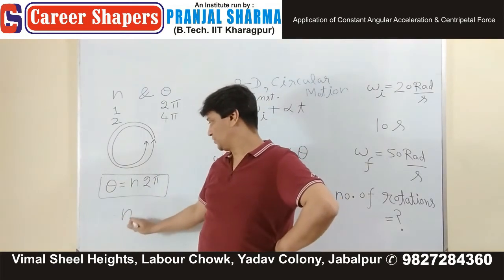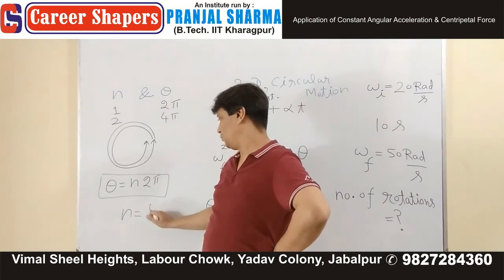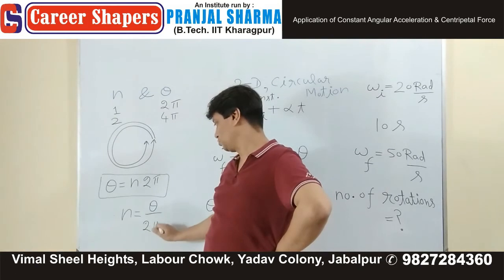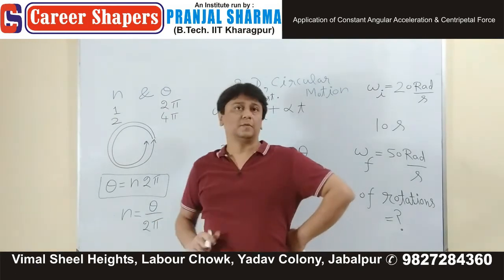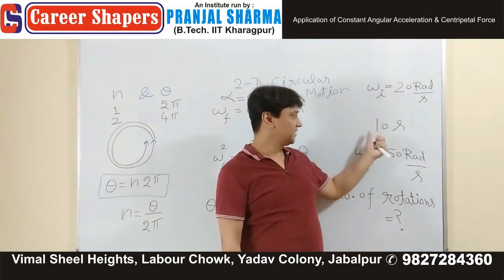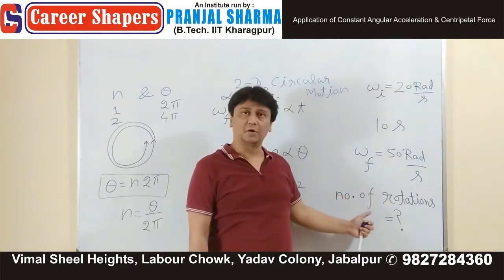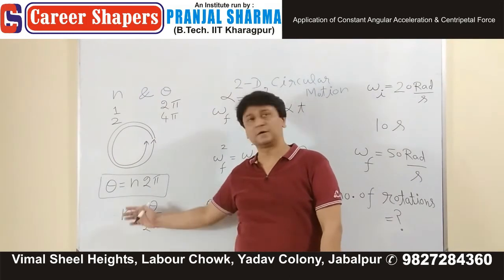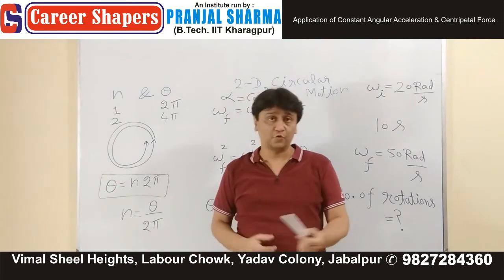Now the question which we are solving requires n. What is n? Theta divided by 2 pi. That means the question gives us omega initial, time, and omega final, and when it asks us to find n, you need to just find theta, divide that by 2 pi, and you'll get your answer. So how do you find theta?